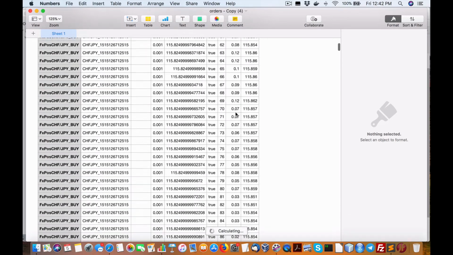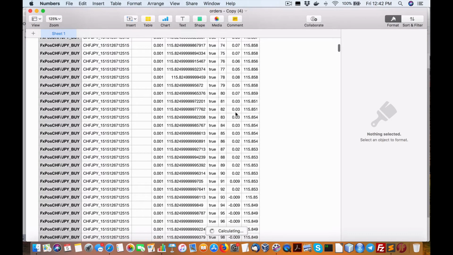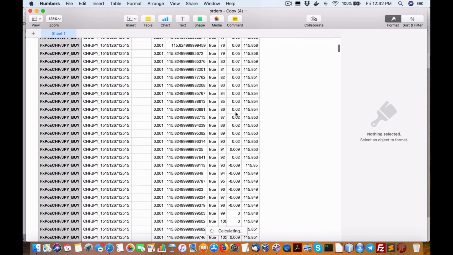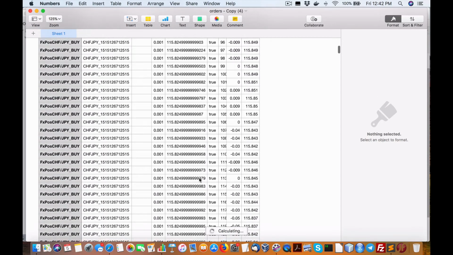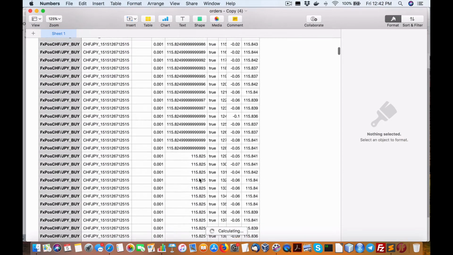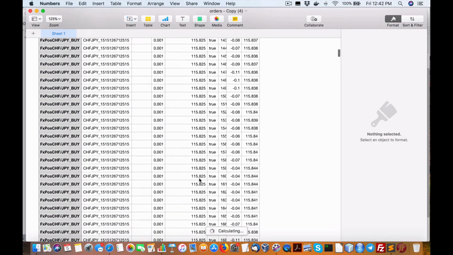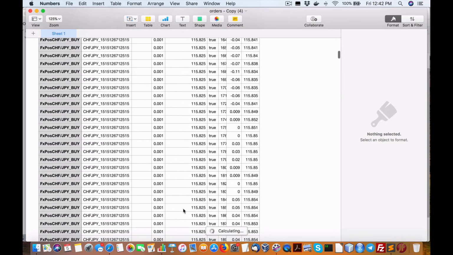Not much, but it was profitable. 9 cents, 12 cents was the peak. So this is the Swiss franc and the Japanese yen. So it went negative. It did go positive.